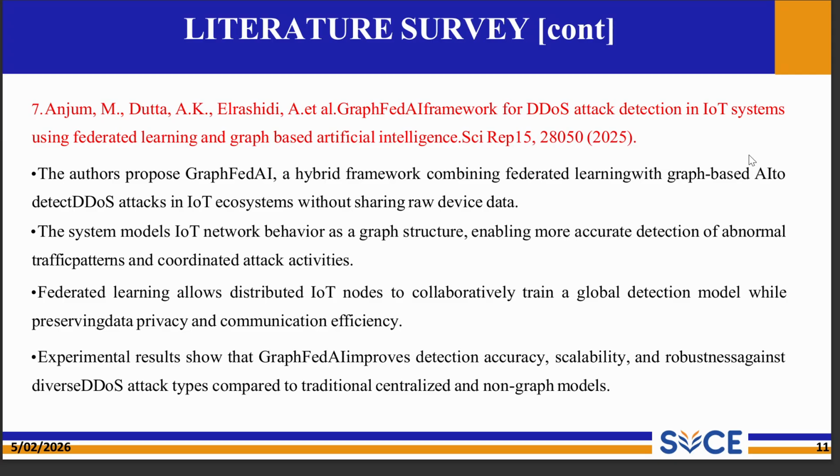Paper 7, Graph-fed AI, combines federated learning with graph-based AI to detect DDoS attacks in IoT systems. This directly inspired our graph intelligence modules. Each of these works contributed to shaping a specific component of our proposed system.